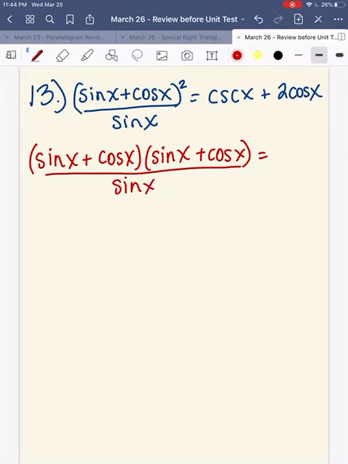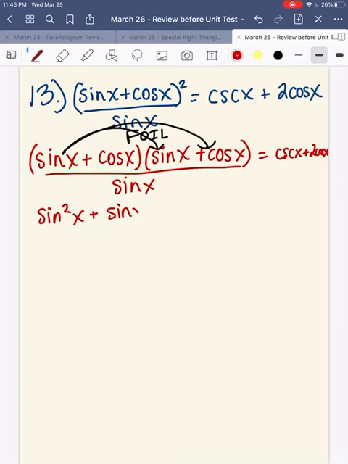Okay? And then I'm going to leave the denominator, and I'm going to bring down the other side. Sorry, running out of room. Okay. So we're going to do FOIL. All right. So that's what I did here. So I'm going to do first times first. So that'll give me sine squared x. I'm going to do the outer two.